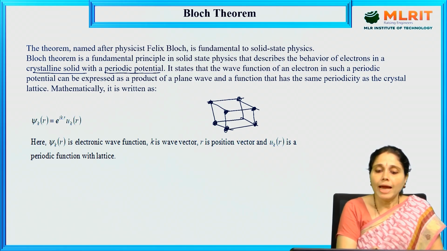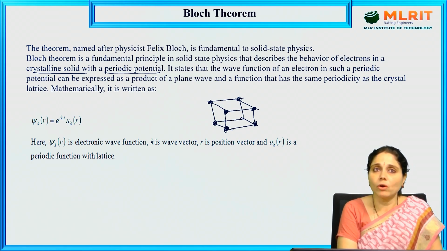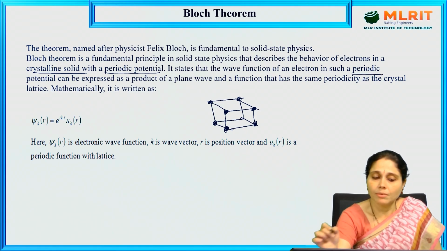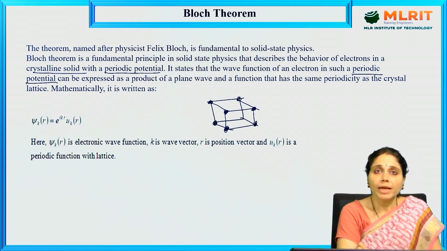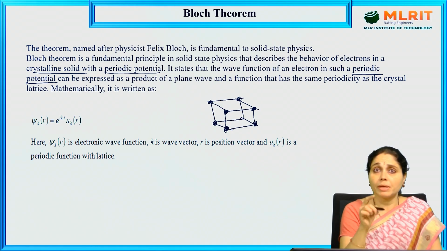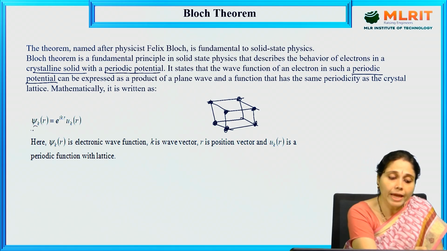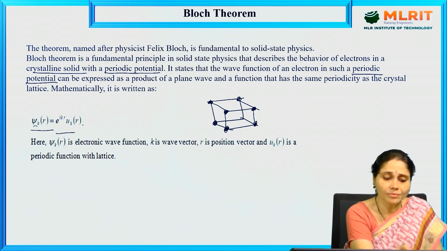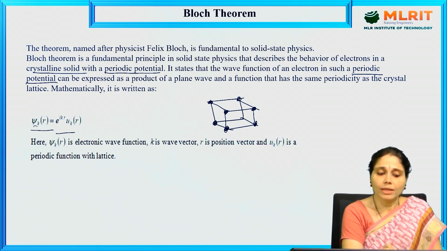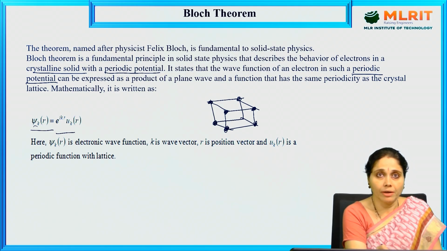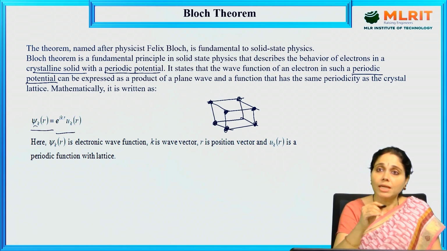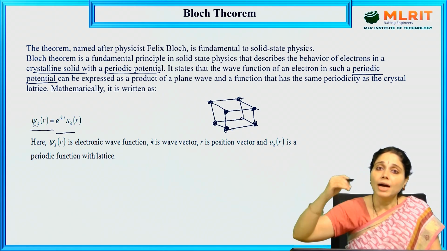The Bloch theorem says that the wave function of an electron in such a periodic potential, keep this in your mind, can be expressed as a product of a plane wave and a function that has the same periodicity as the crystal lattice. Mathematically, it is expressed as psi_k(r) = e^(ik·r) u_k(r). Psi_k(r) is the electronic wave function, the function with which we can find the electron probability.